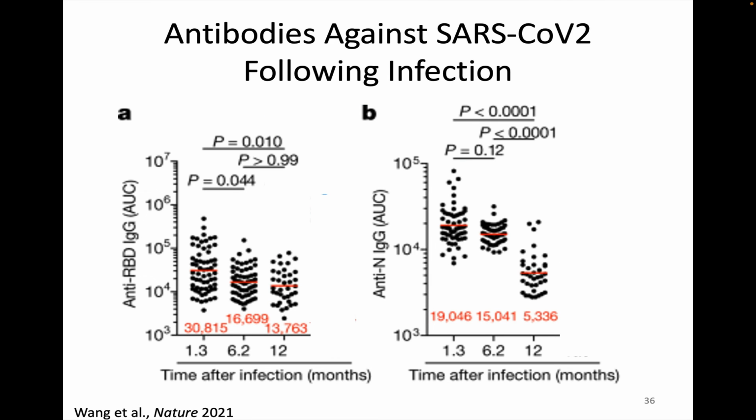These are the data that I've shown you before, earlier in this lecture, looking at antibody levels against SARS-CoV-2 following infection. Again, we see data from patients either 1.3, 6.2, or 12 months after infection, and we're looking at two different antigens, and we can see that the antibody levels decline over time following infection.